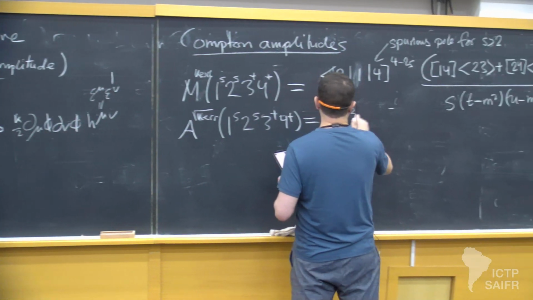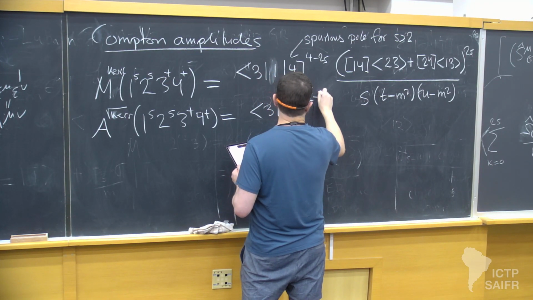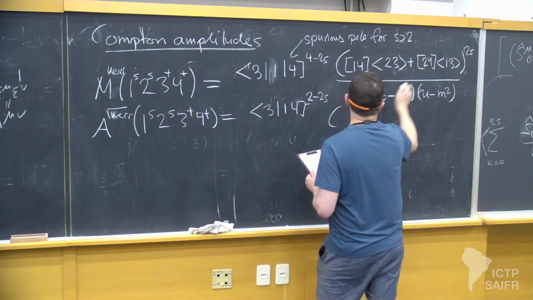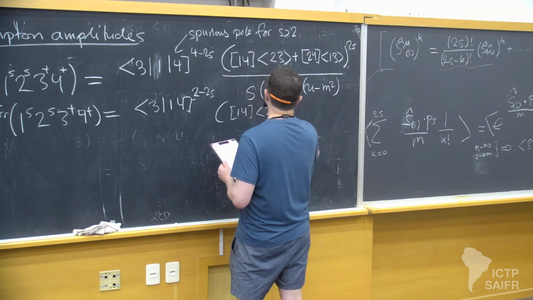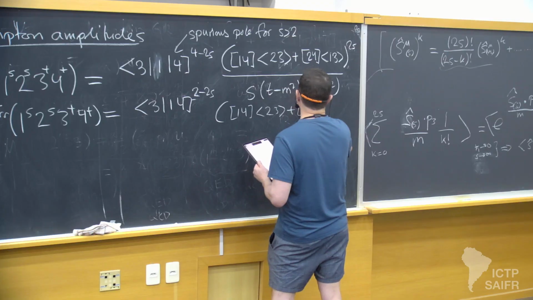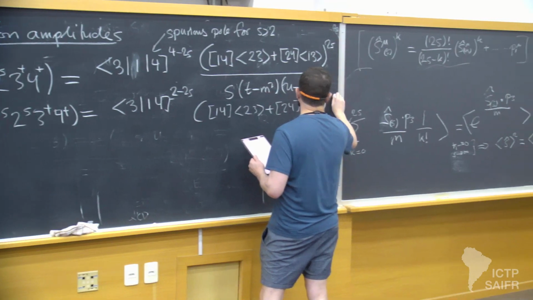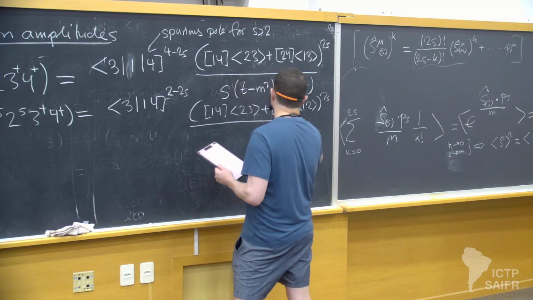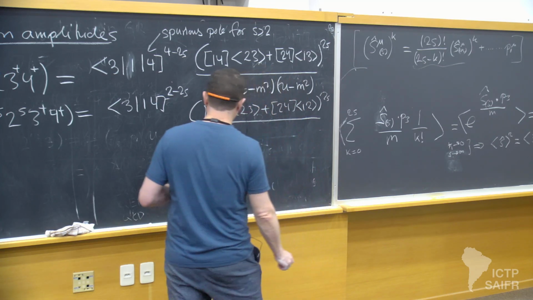Which almost looks the same. But it's 2 minus 2s here. This power is actually the same. And the denominator is different because you have to decide which color ordering you're doing.